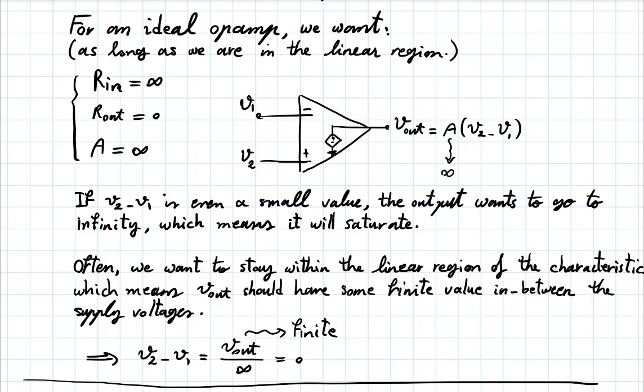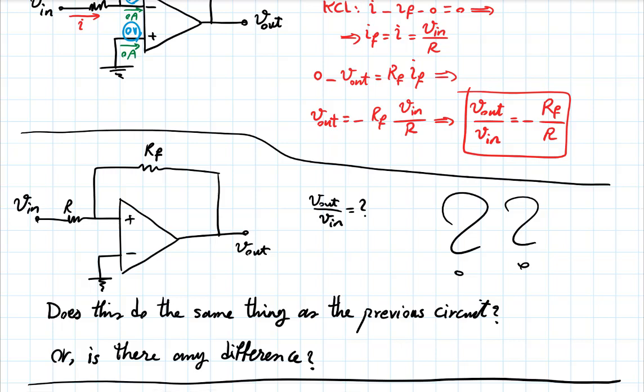The fact that the input voltage is 0 in the ideal op-amp is a consequence of the infinite gain. So the reason the input current is 0 is not that the input voltage is 0. The reason the input current is 0 is that the input resistance is infinity, so open circuit. Does that clarify?